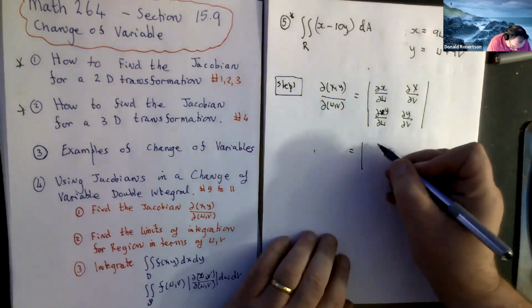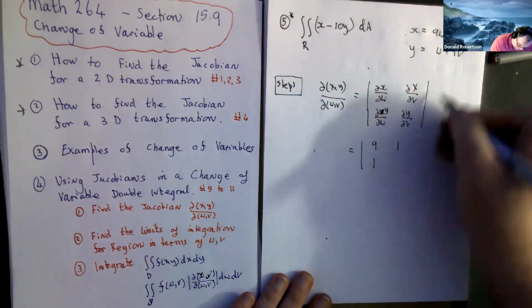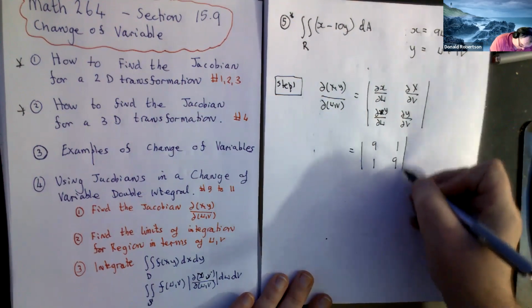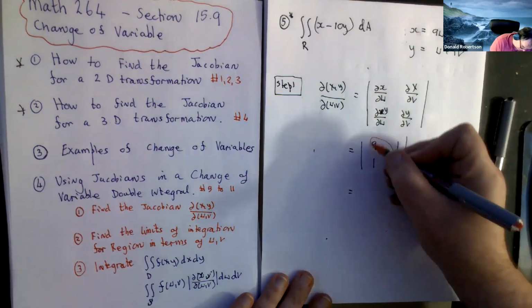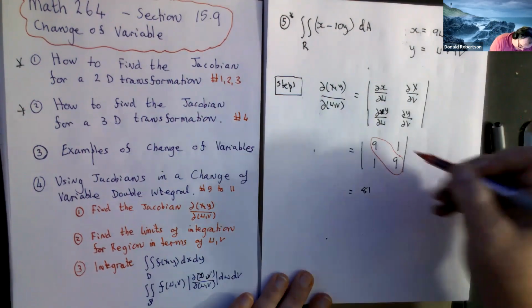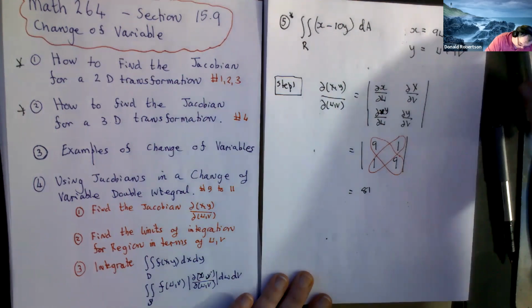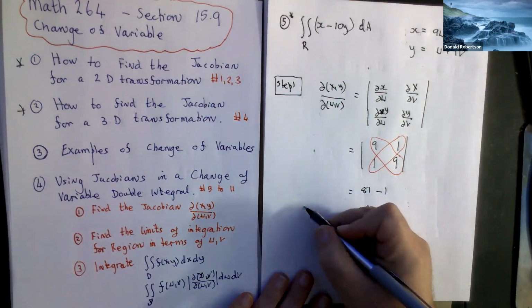Do it with u, you get 9. Do it with v, you get 1. Do it with u, you get 1. Do it with v, you get 9. And major diagonal, they're all numbers, that makes life easy, is 9 times 9, which is 81. Minor diagonal is 1. So the Jacobian is 80.